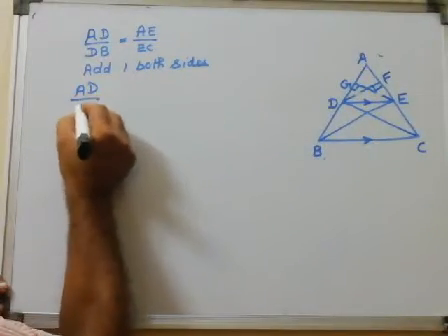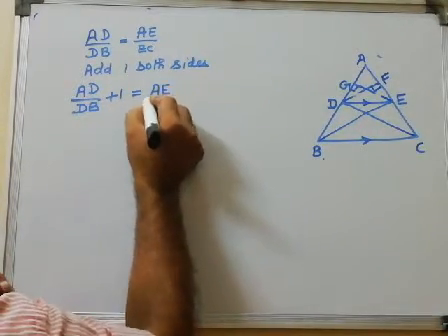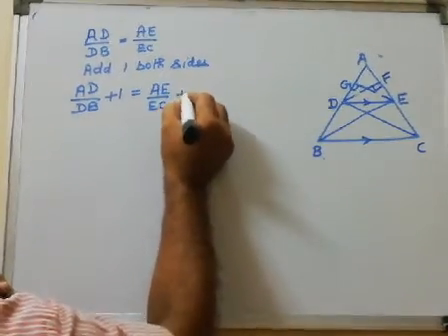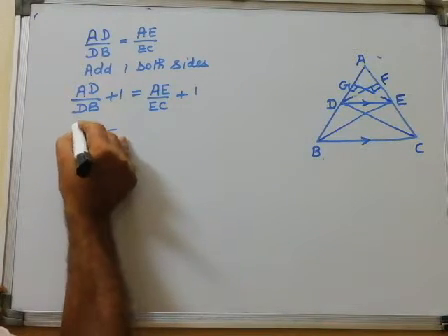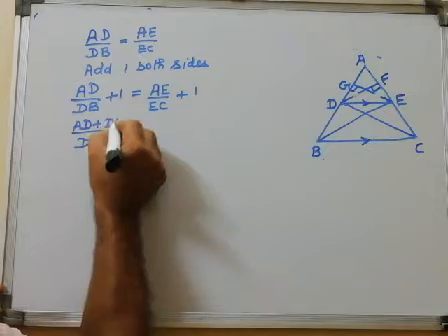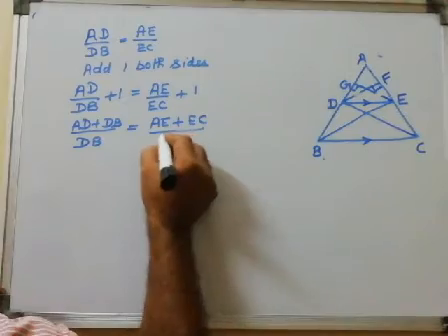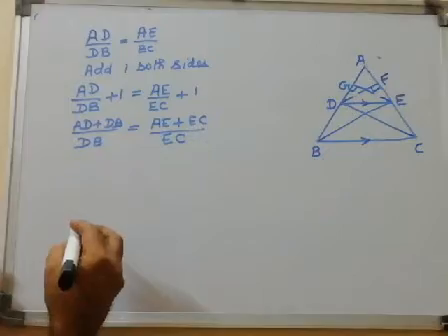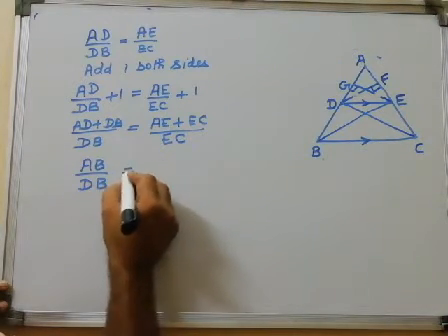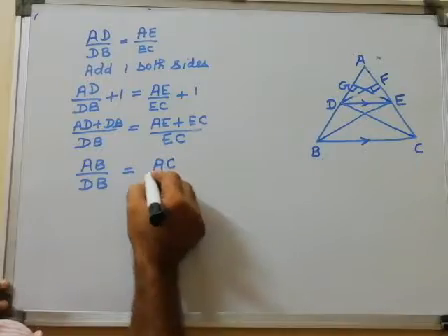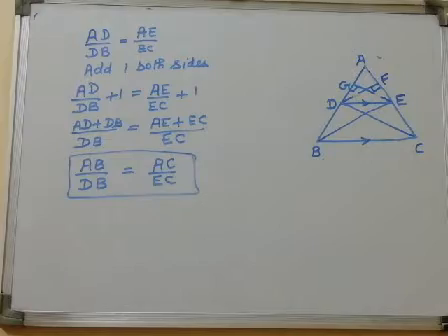Sometimes you have to use this identity, this theorem part that is corollary. This property you have to use. Take DB as LCM, AD plus DB, AE plus EC upon EC. AD plus DB is AB. AB over DB is also equal to AC over EC. So this result you can use in some of the questions.